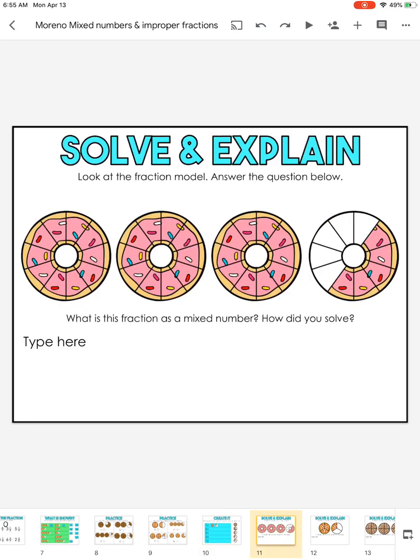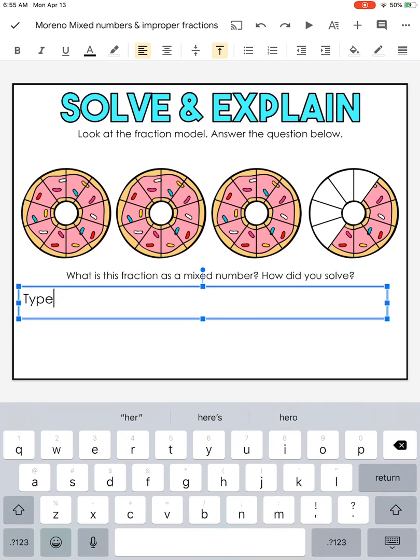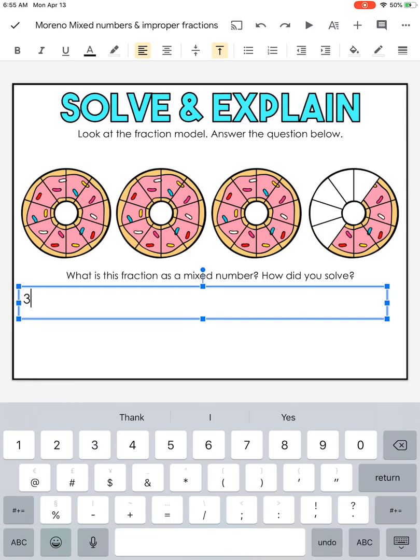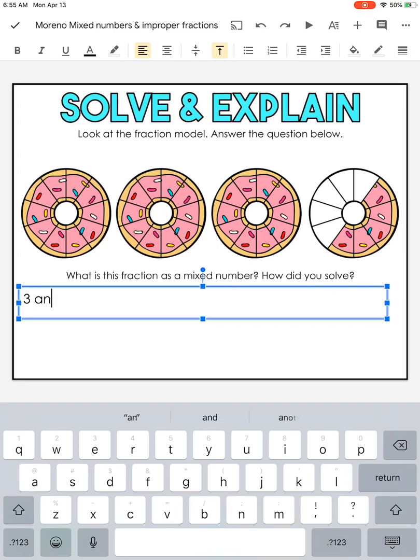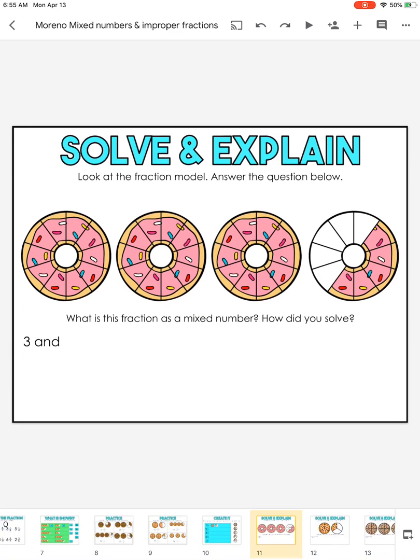Look at the fraction model, answer the question below. What is this fraction as a mixed number? How did you solve? So this would be, how many whole pieces are there? 3, and I'll just write it out, 3, and how many pieces are here? 1, 2, 3, 4, 5, 6, 7, 8, 9, 10.